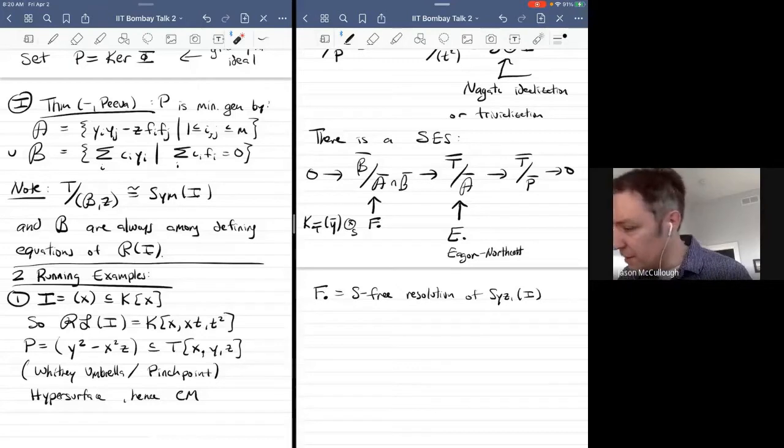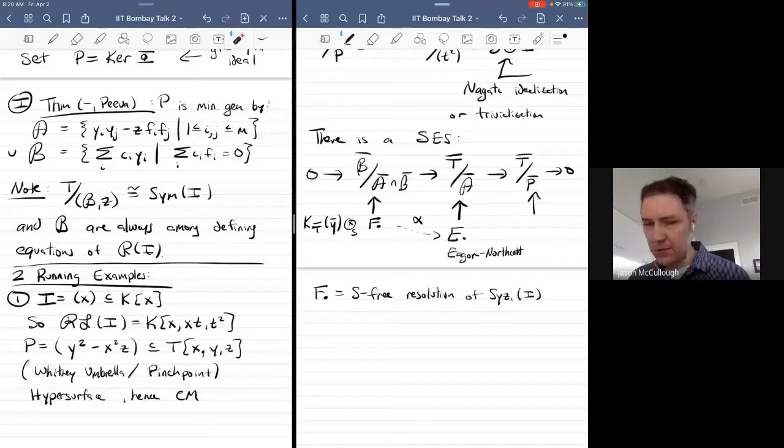Now I'm still not done because the thing I want to resolve is over here on the right. So you lift the map from B bar mod A intersect B to T bar mod A bar to some map of complexes, I'll call it alpha, by the usual homological things. This last term is resolved by the cone of that map.